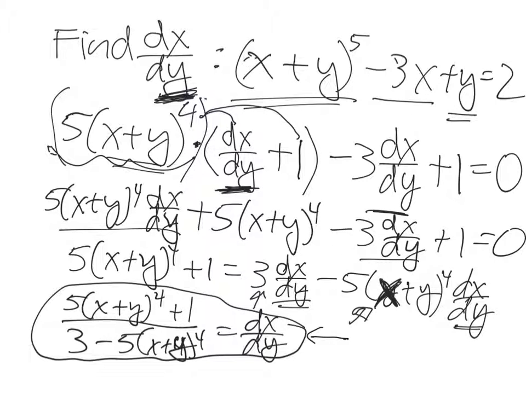So in the previous example, find your dy by dx, then you can find the slope of the tangent line at a particular point, plug in your x and y values. Make sure in those cases you use the derivative with respect to x, not this one with respect to y. Okay.